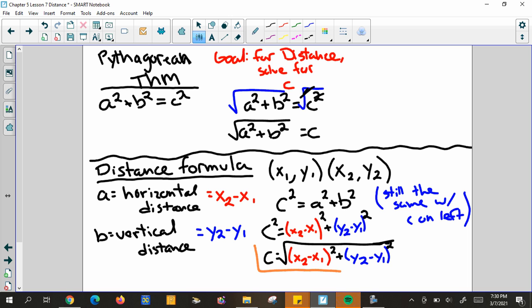I'm going to show you how to use either the Pythagorean theorem or the distance formula. The only difference is the Pythagorean theorem will require you to do some work beforehand, whereas the distance formula has it already built into the equation.